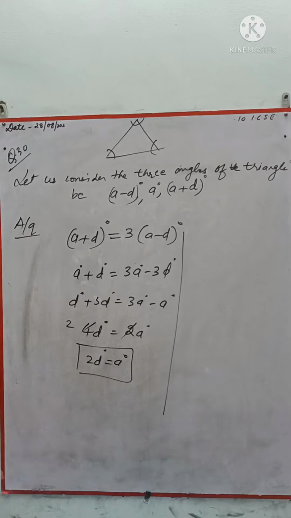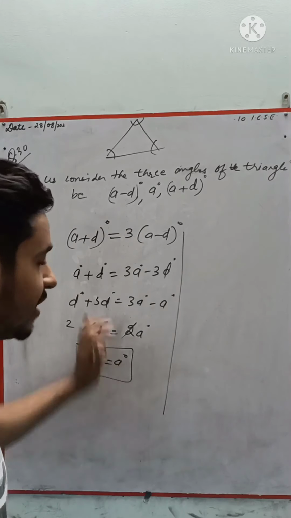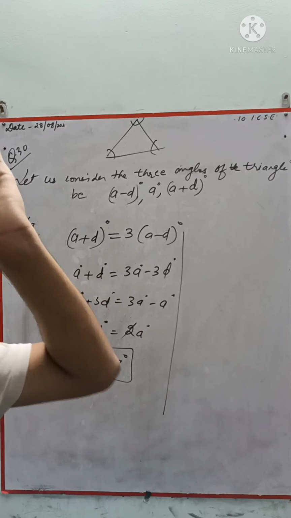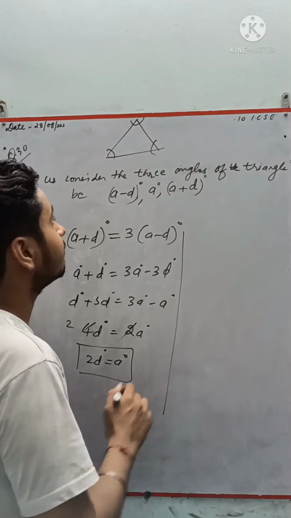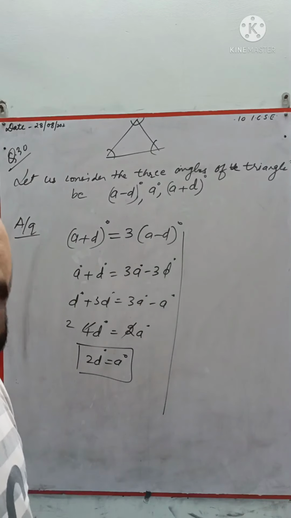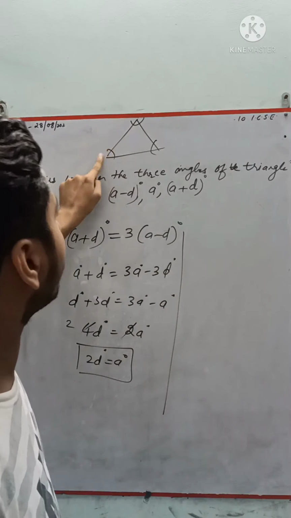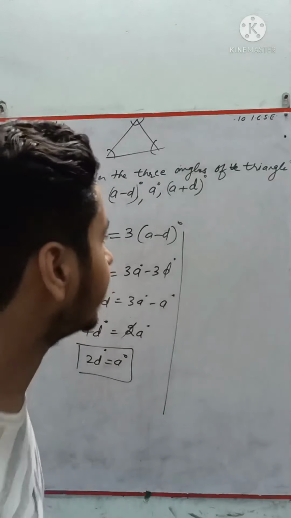Keep it aside. Now this is the given part, we have used it. But what other thing do we ourselves have to think? We know the angle sum property of a triangle, that the sum of all three angles is 180 degree.